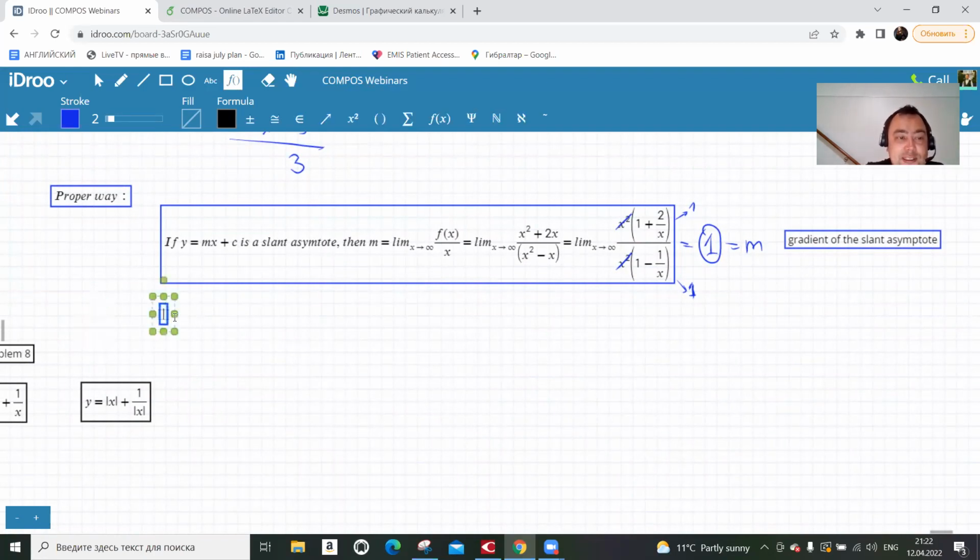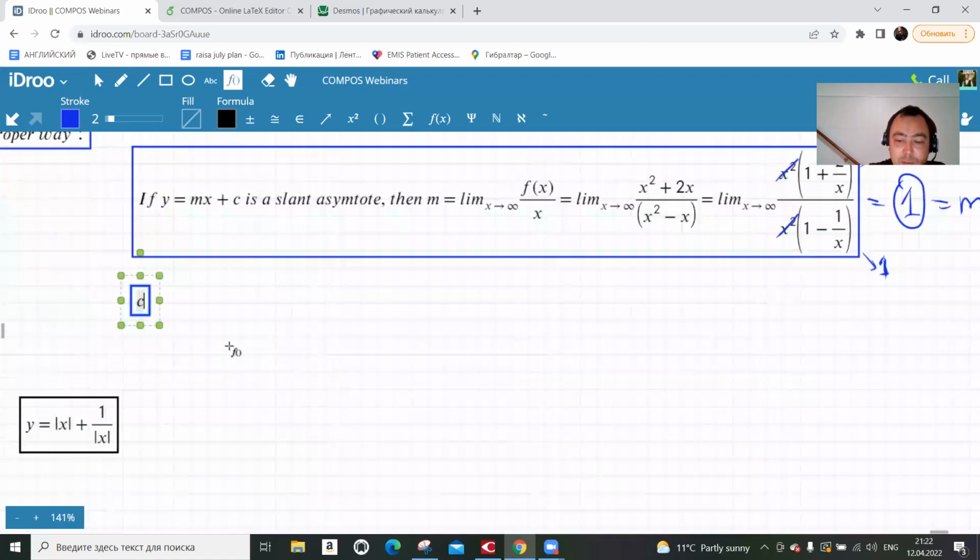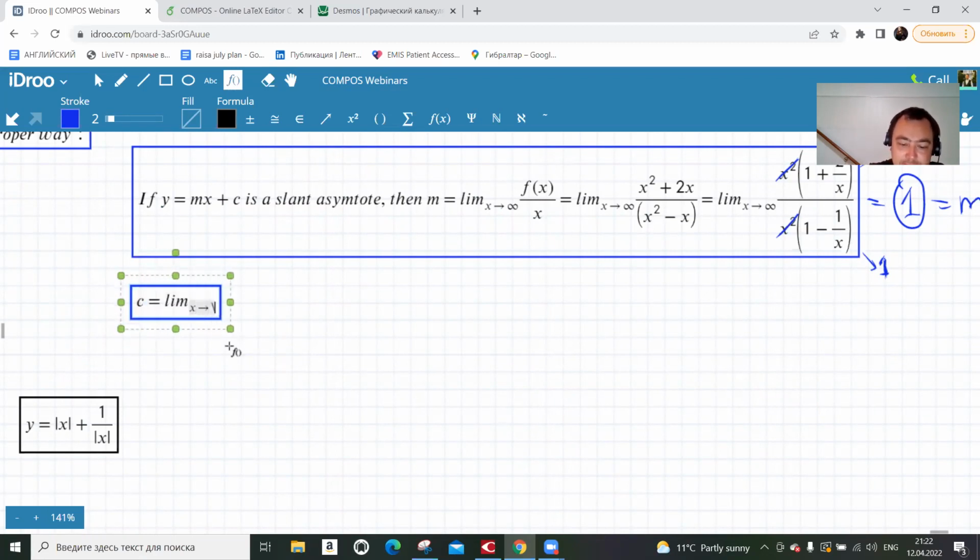And to find c would be equal to the limit as x tends to infinity of f of x minus k minus mx.